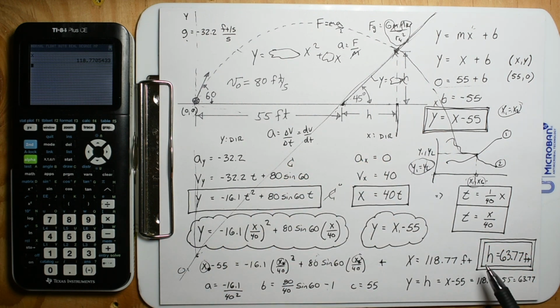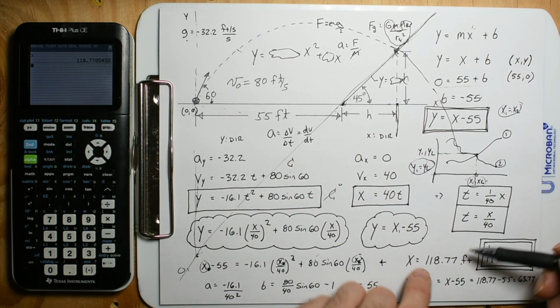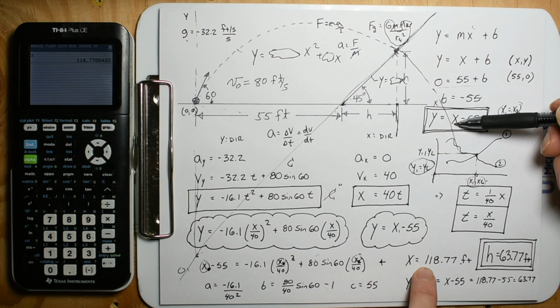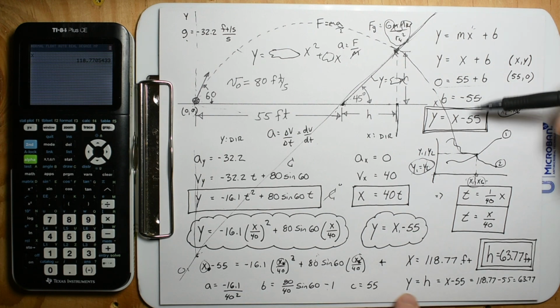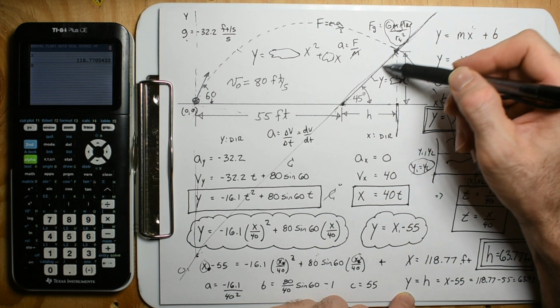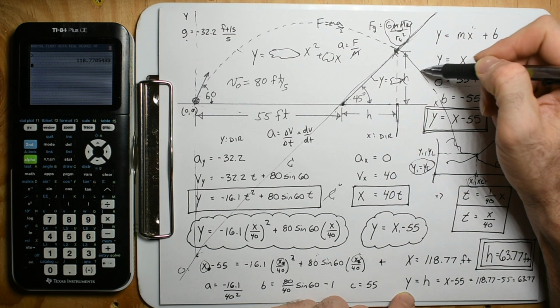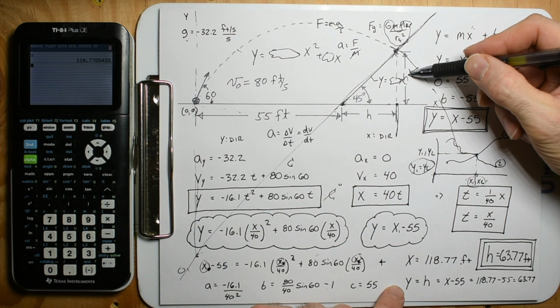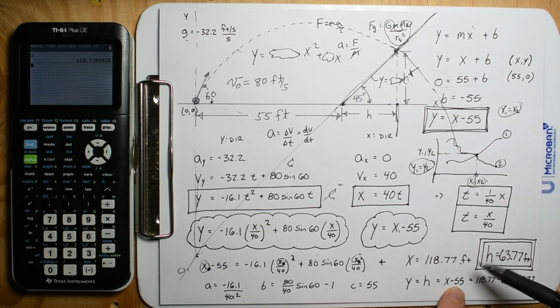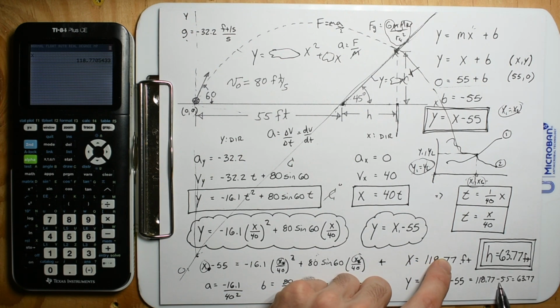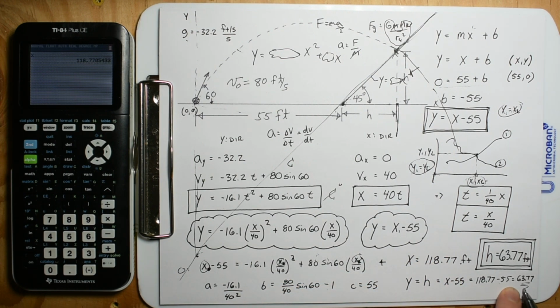Easiest to do would be to put this x right into here. So we have y is equal to x minus 55, and that's this equation. Where they intersect is this height. That's what we're interested in. So I'm just going to say y is equal to h, x minus 55. 118.7 minus 55. Sorry I wrote it so small, but we get 63.77 feet.